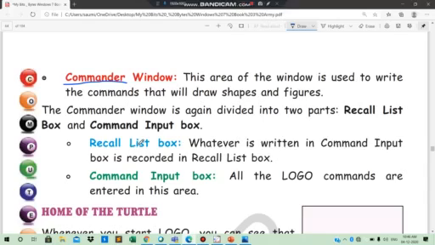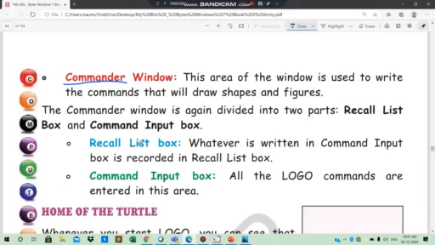The commander window is again divided into two parts, first is the recall list box and the command input box.